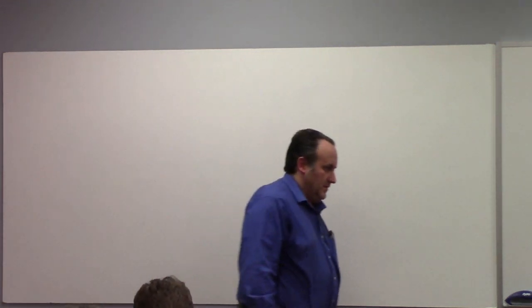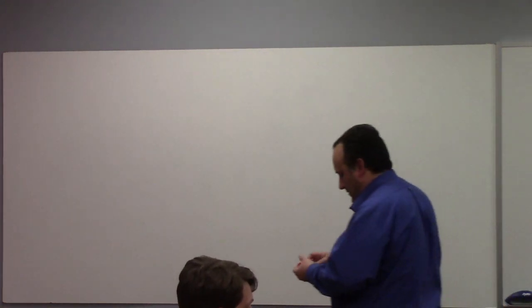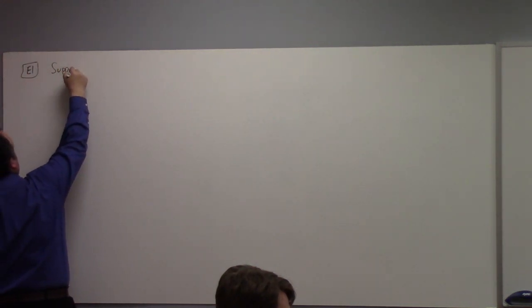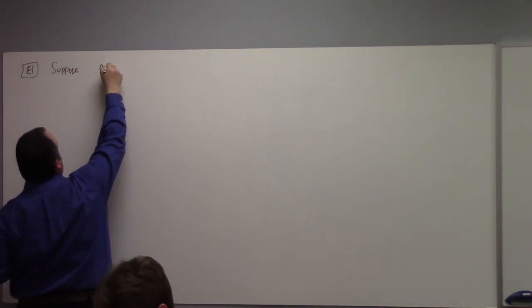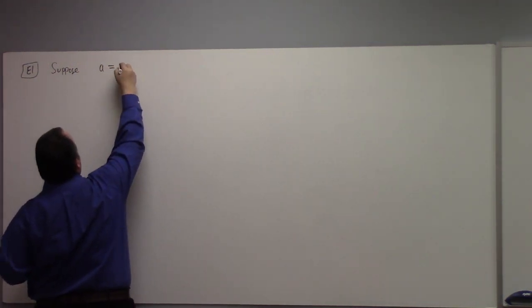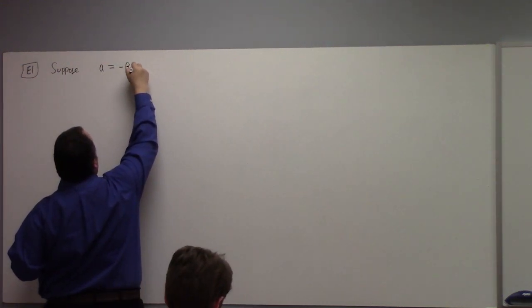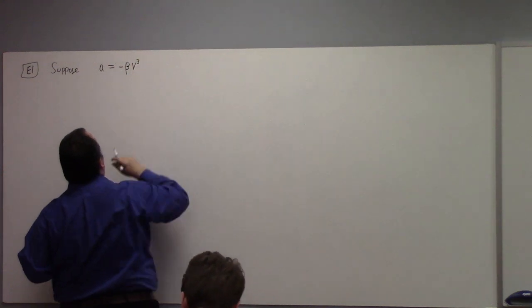All right. So let me give you guys an example. I'll work this one out here by hand, and it's somewhat similar to one of your homework problems. Example 1. Suppose that the acceleration is given by minus beta v cubed.